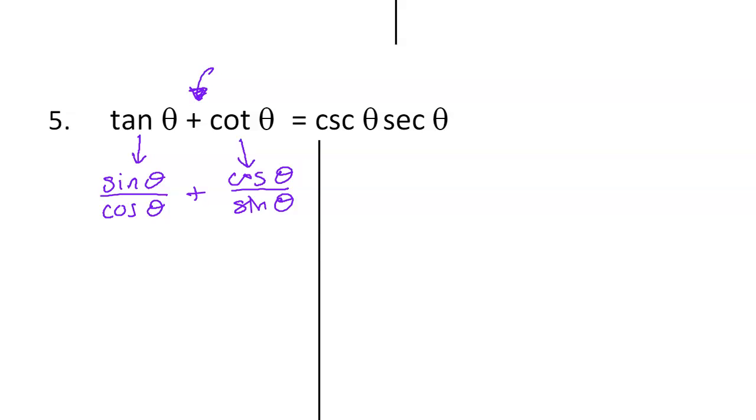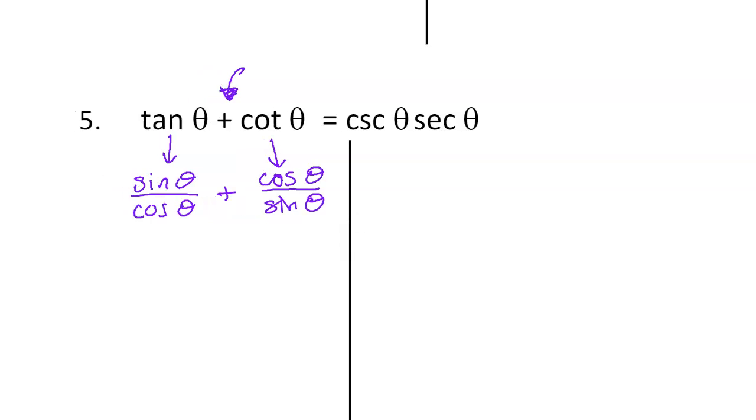Now, like I was saying, the right-hand side is a single multiplied term. So how can I make these 2 fractions into a single term? Yes, we can get a common denominator.